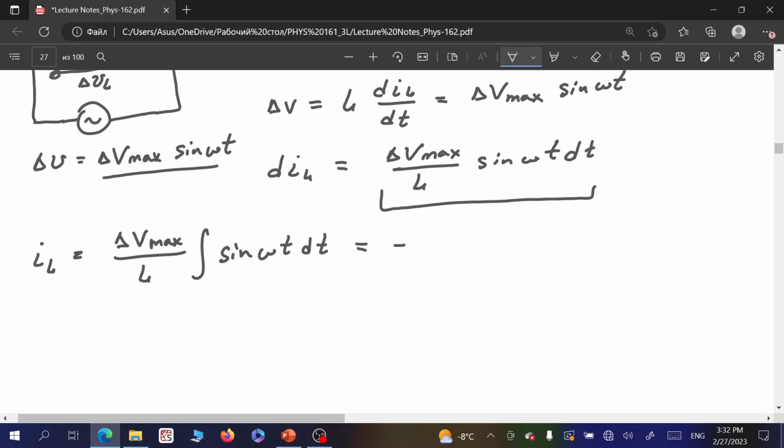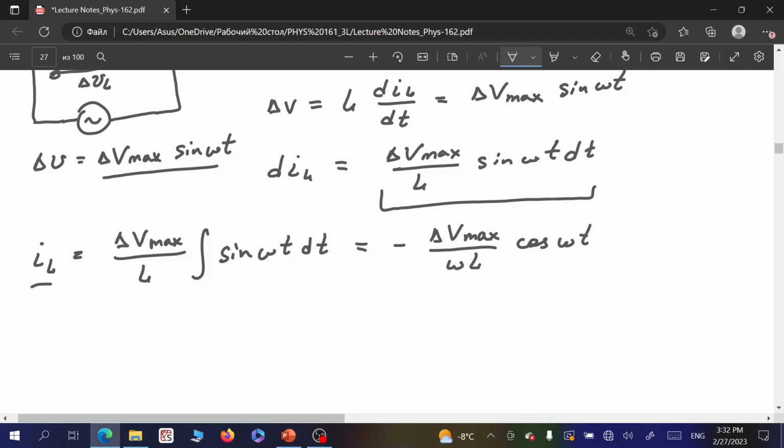That will be minus delta V maximum over omega L times cosine omega t. We don't deal here with constants because they depend on the initial conditions, and it's not important here. We just need to show the general expression for current.